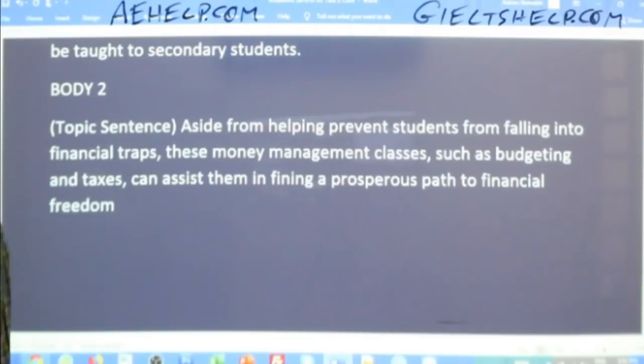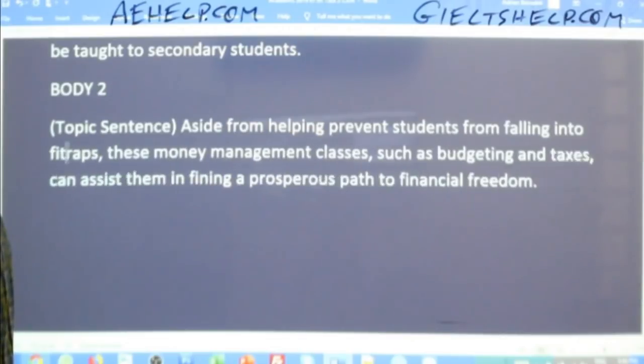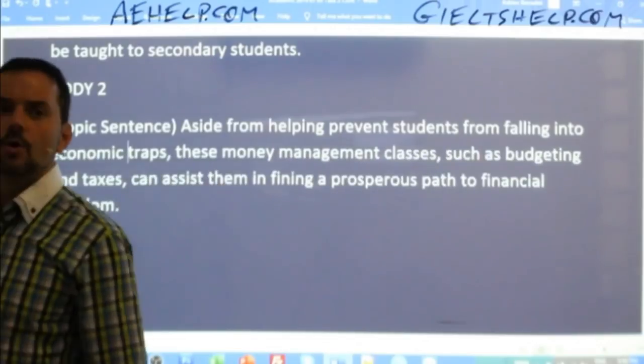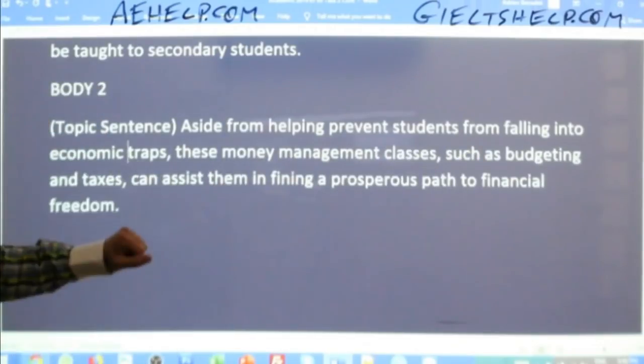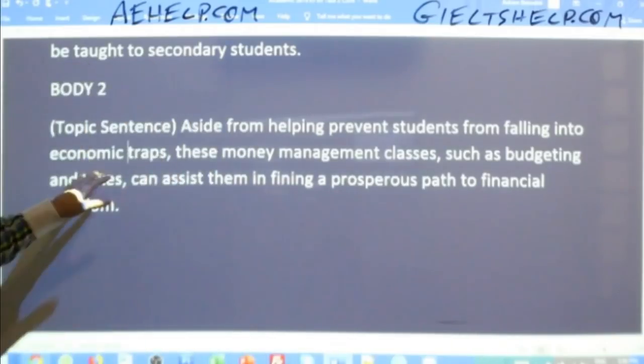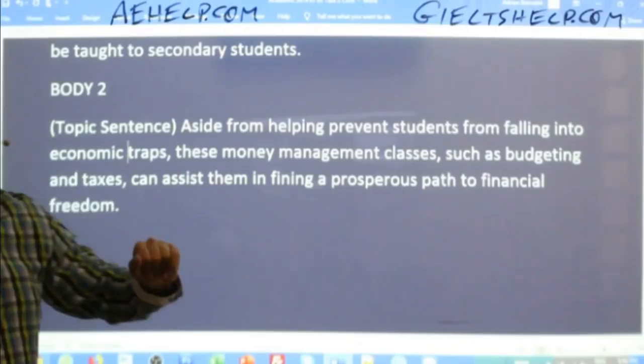Okay. Always work to avoid repetition of words, right? So I noticed that I used the word financial twice. So immediately I just replaced it with economic traps.